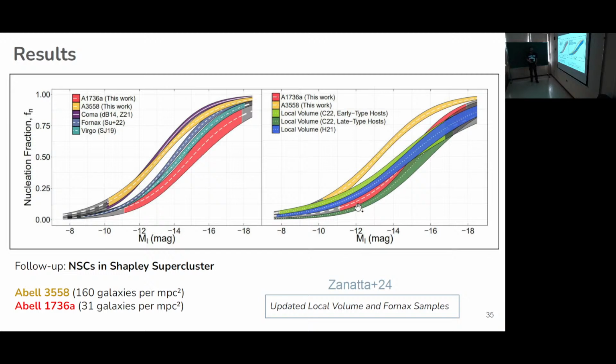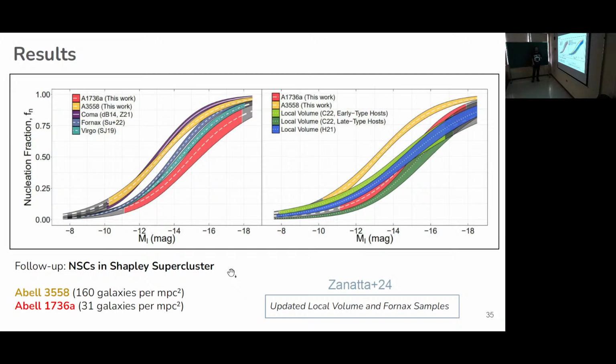What we saw in the end, I'm showing here the exact same environments that we saw before, although in this work we largely updated the local volume and Fornax samples with works that were released between 2021 and 2024. In yellow and red, I'm showing Abell 3558, which is the central Shapley cluster, and Abell 1736A, the northward cluster, respectively.